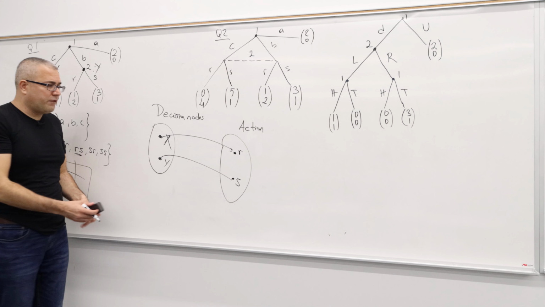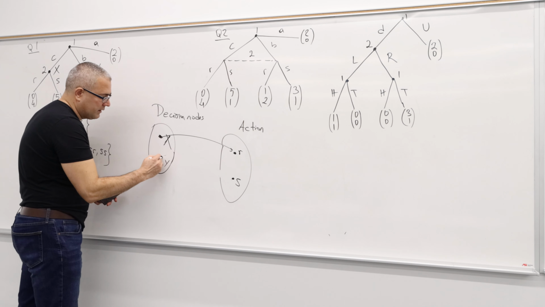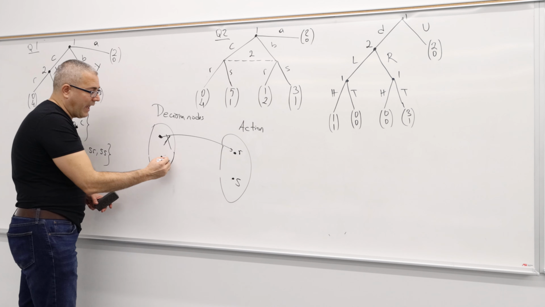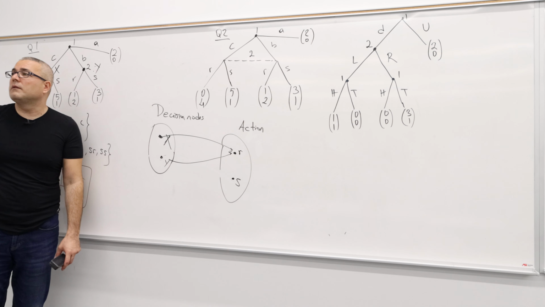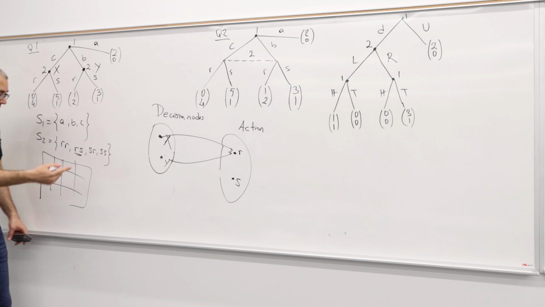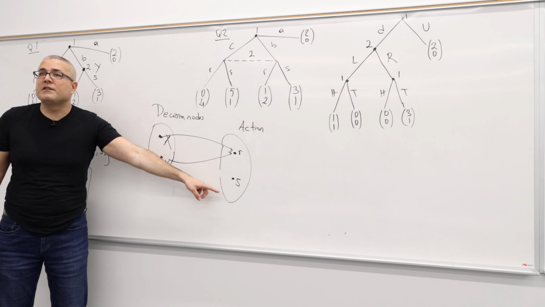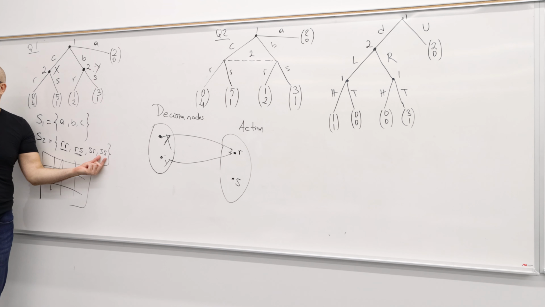No, there's another function. It maps X to R and Y to R as well. So this is also a function, and it corresponds to RR. There's another function that maps X to S, Y to S, which is this strategy.